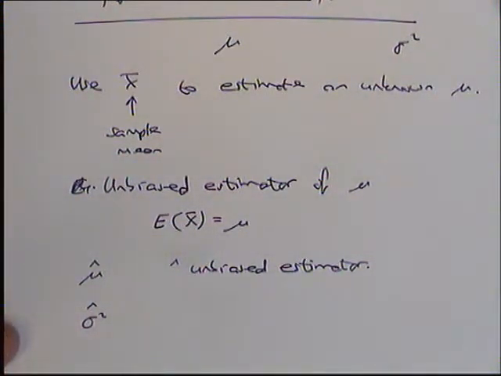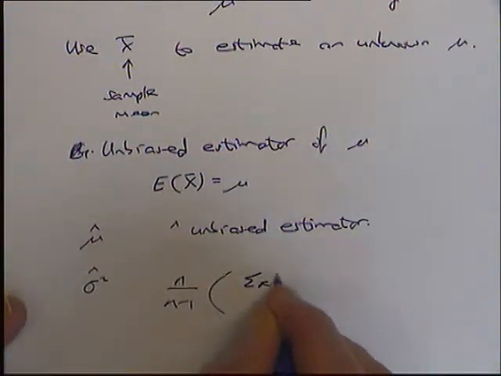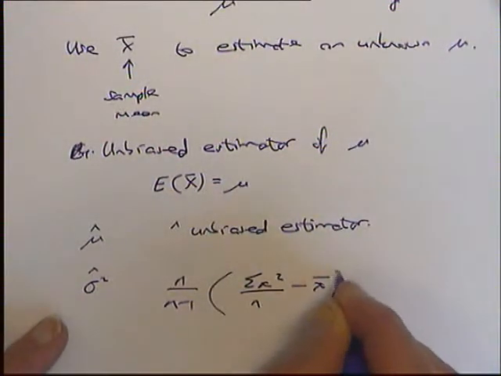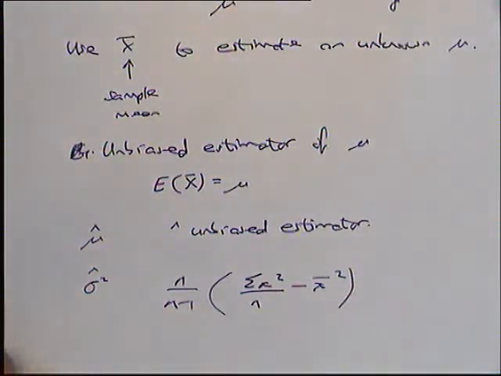What will be our unbiased estimator for the population variance? It is this. This is our unbiased estimator for the population variance.